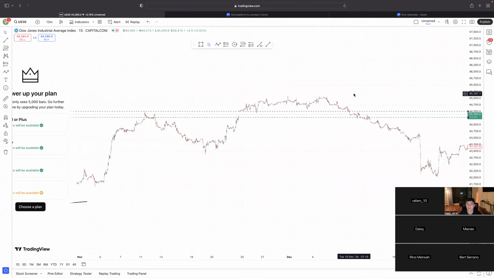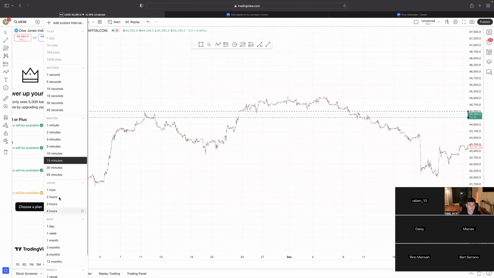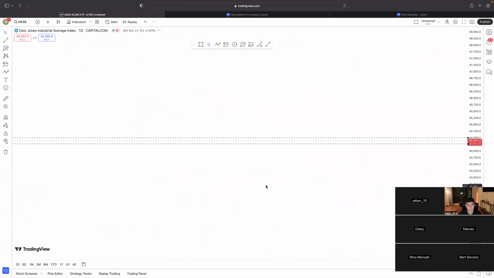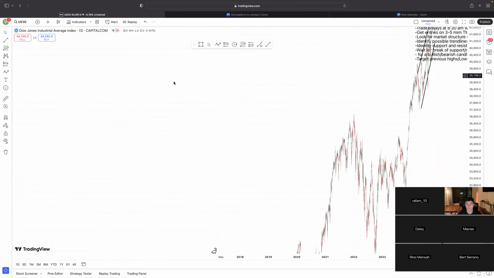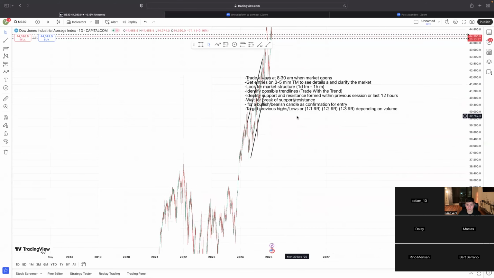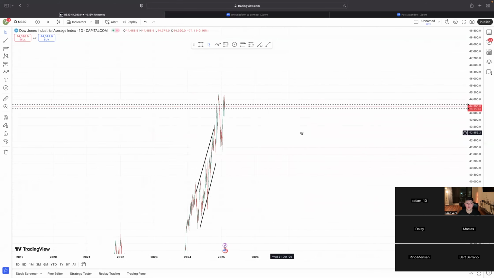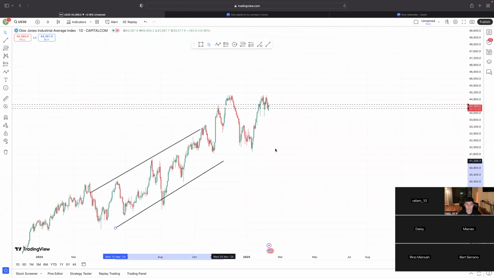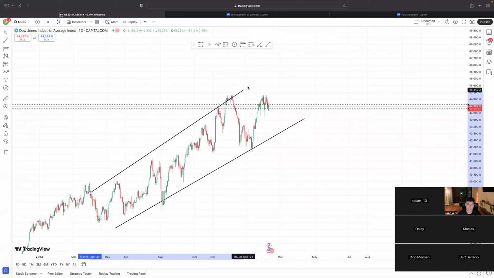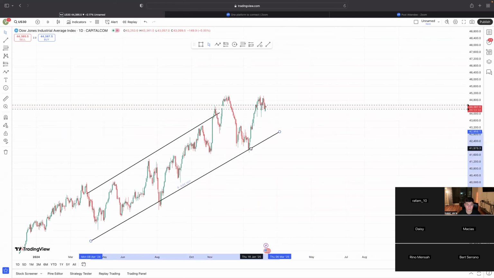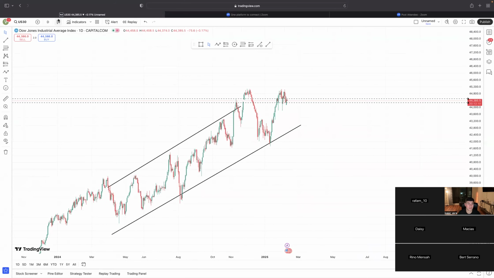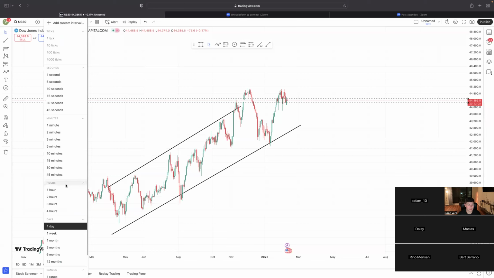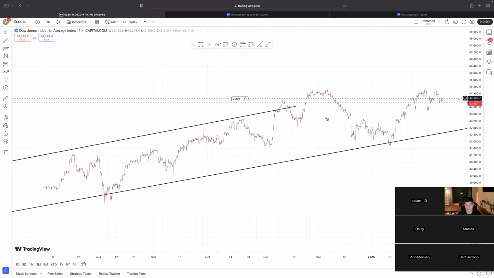I'm not going to go that far, so we're going to take this away. As you can see, we are moving bullish. Now I'm going to go to the 15-minute time frame.